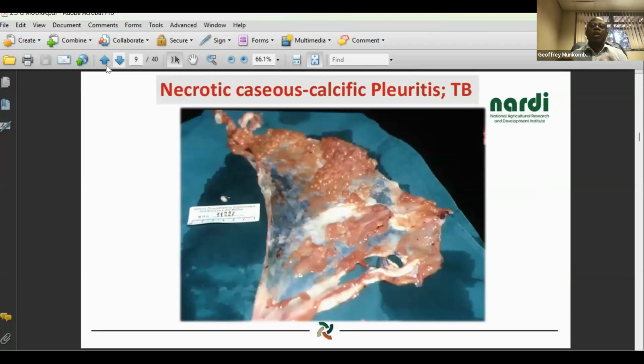please. You can see now this is typical of CBPP: calcific pleuritis with necrotic sites that are caseous. Also very important, as Massimo was saying, you have to look at public health as you do your postmortems.